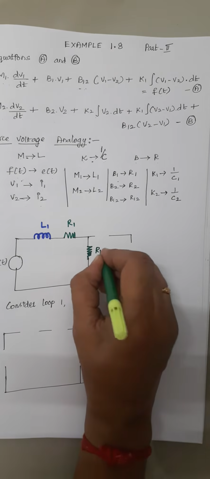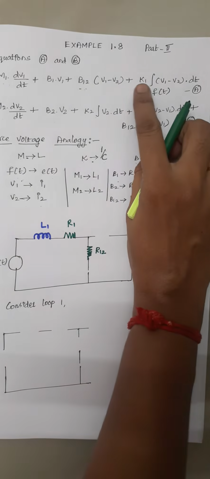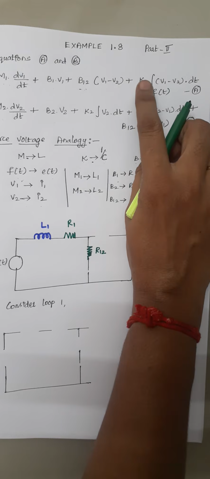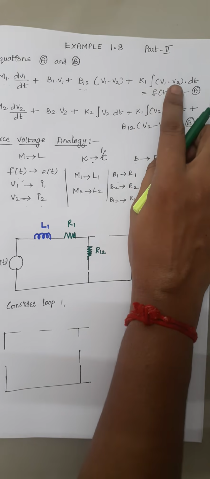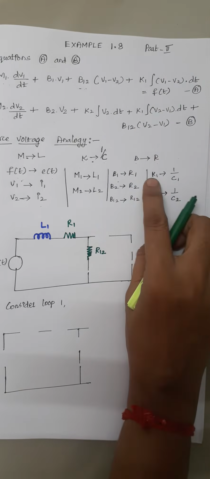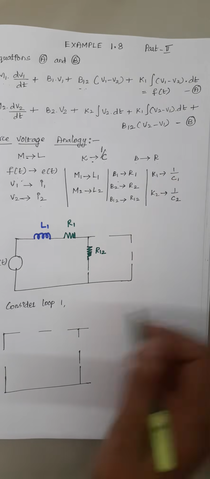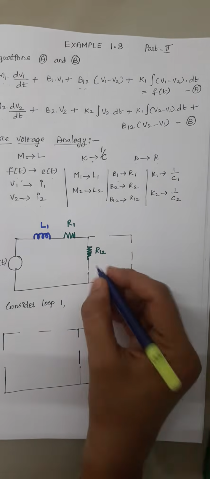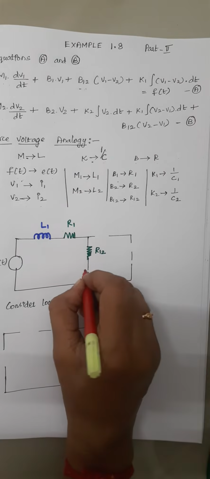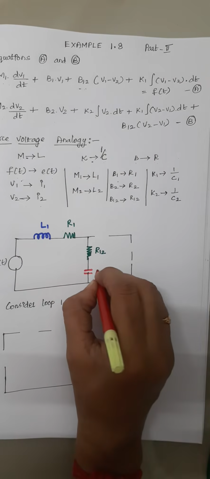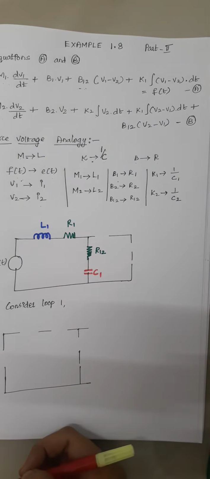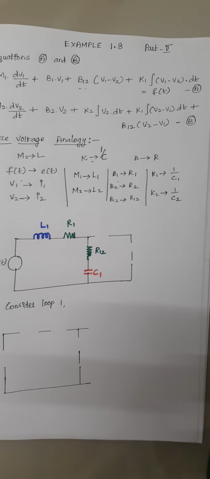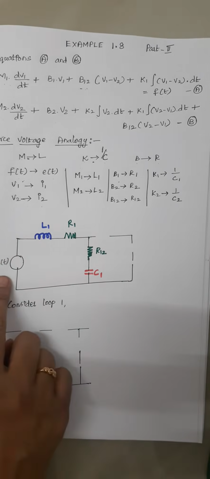This is your R12. And the next one is K1. Again this K1 is common for V1 and V2. So this K1 is represented as 1 by C1. Here just draw a capacitor C1. Right. So this is our first loop.